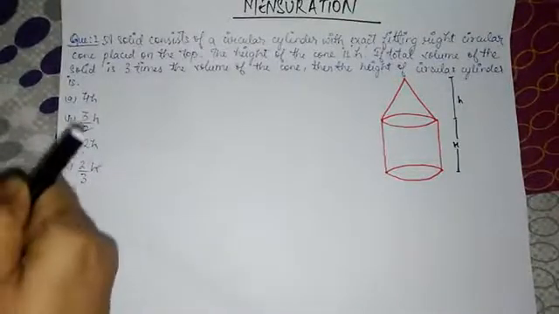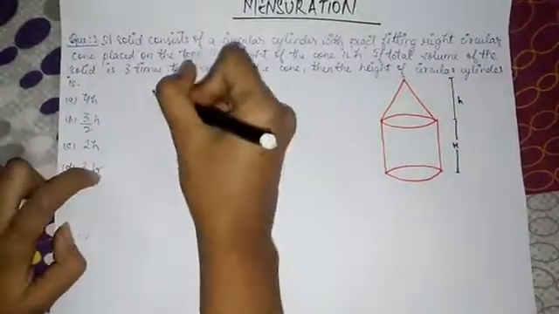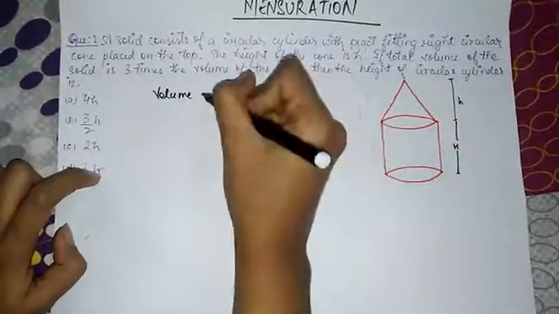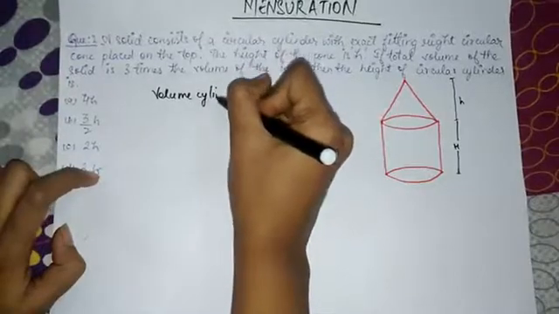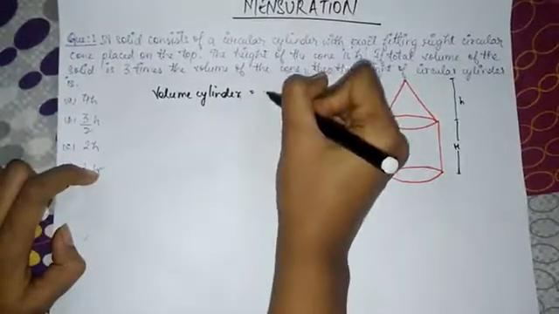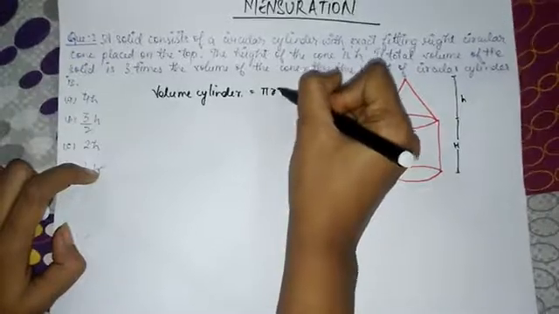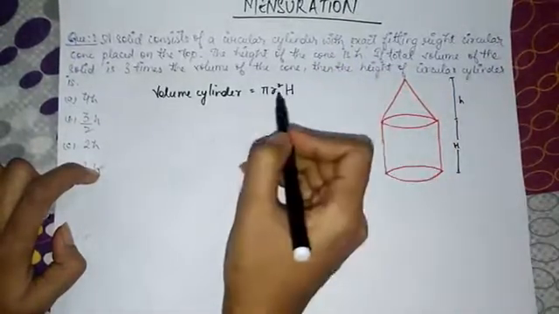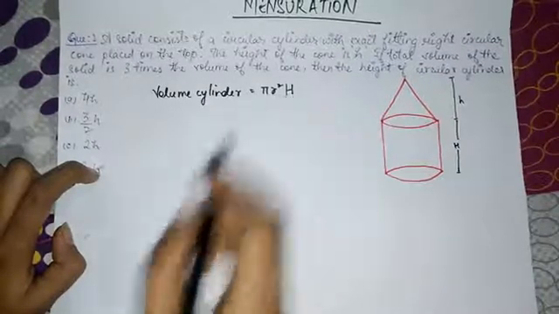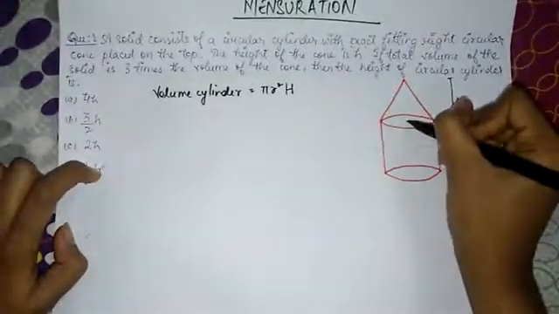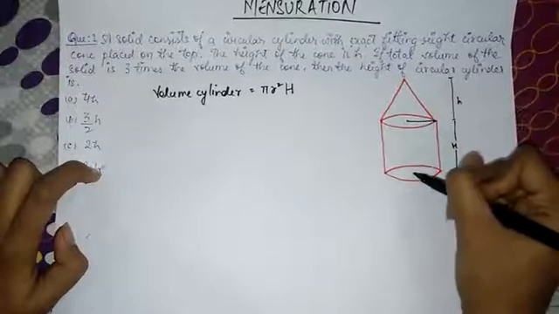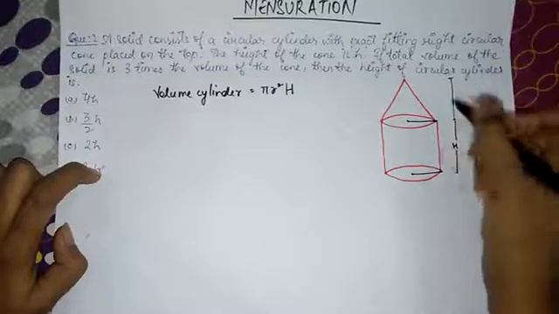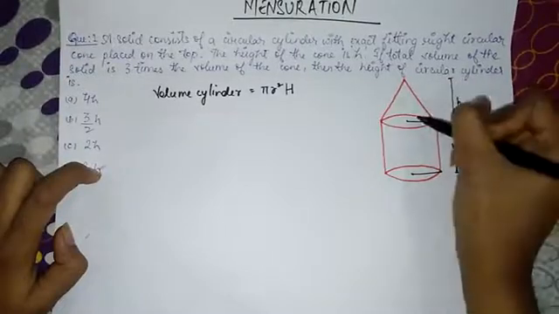So the volume of cylinder is pi r square capital H. Okay, and radius for both these figures, cylinder and cone, is the same, because the top of cylinder is equal to the bottom of the cone.